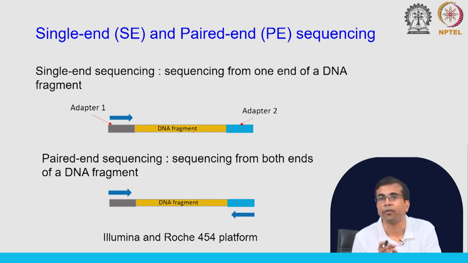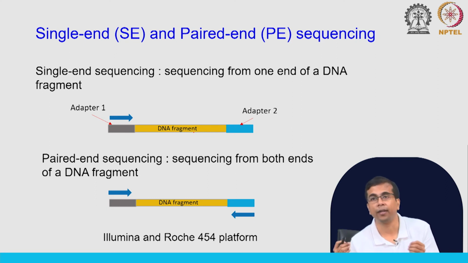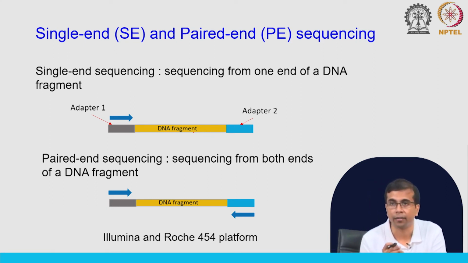But in Illumina, as well as in 454, you can actually sequence from both ends. It just requires primers that are complementary to these adapters. This is of course not happening at once. You should remember the synthesis process in Illumina: you have synthesis starting from one end, and then this will continue towards the other end, or if you stop the number of cycles, it will stop the sequencing action, and then you can release the strand that has been synthesized, and you can start sequencing from the other strand, from the other side.